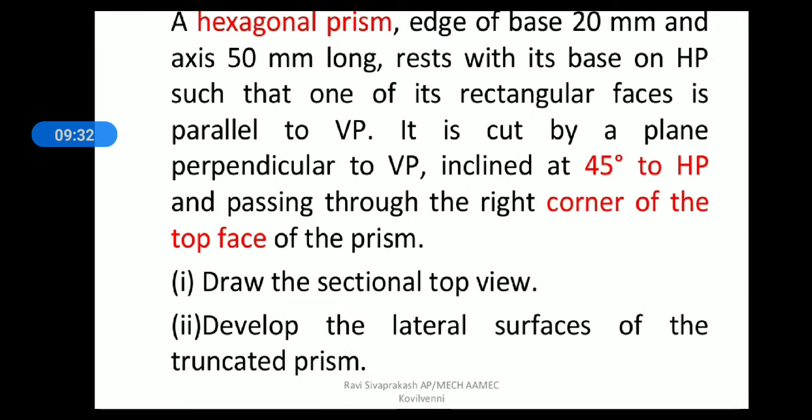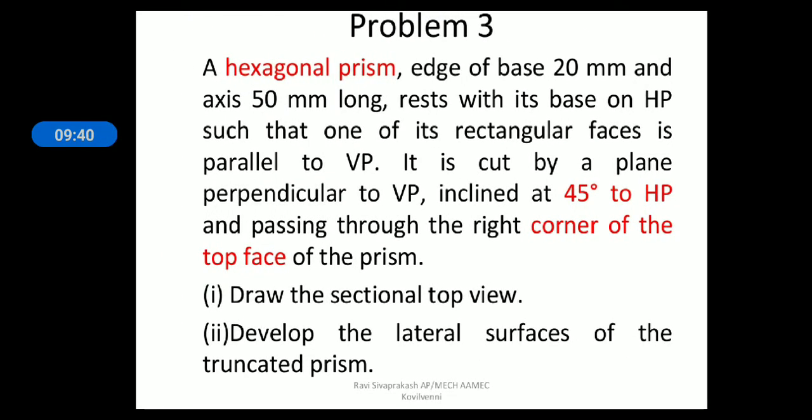So first, draw the sectional top view and the development of the lateral surface of the truncated prism. In this problem we have to get the sectional top view. After that only we can get the development of the lateral surface.